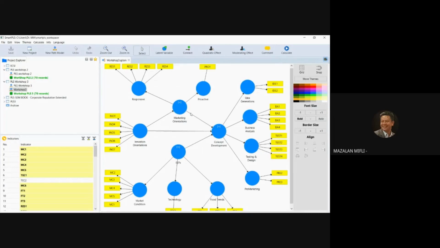Earlier we did it one by one. But in the real world, in reality, all these factors are actually around. As a manager, we don't really know whether the managers are proactive, incremental or radical.